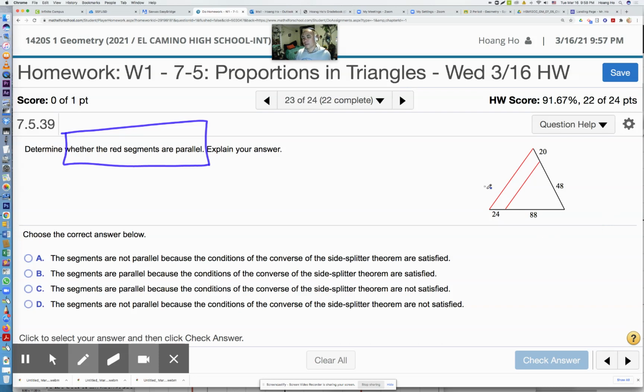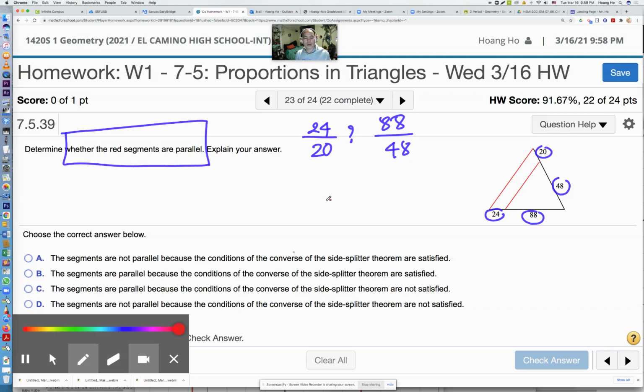How about 24 over 20, and then you compare with 88 over 48. If they're equal, then the two red lines are parallel.